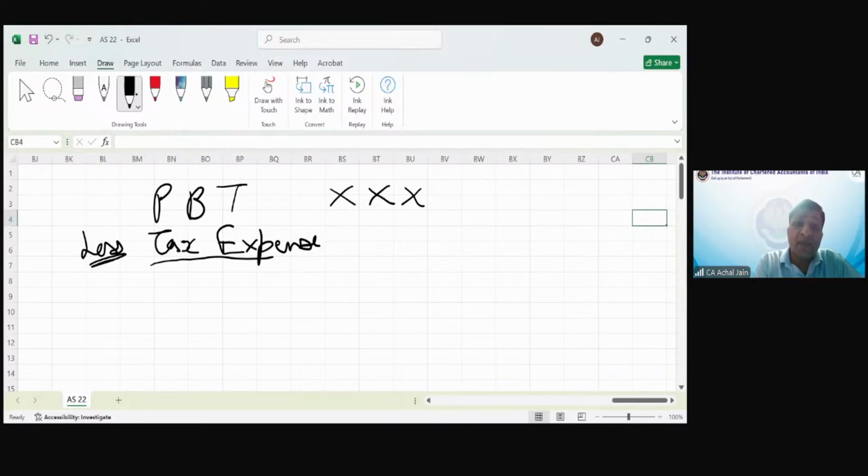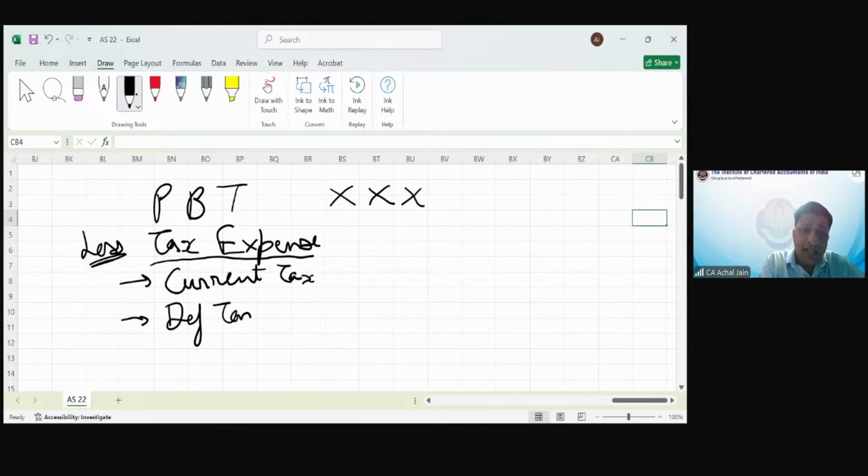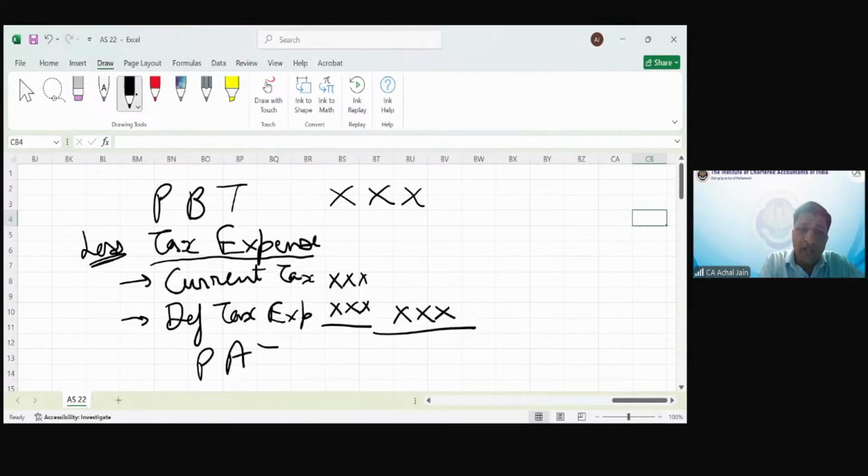Now, this tax expense will be a summation of two things. One will be your current tax. Second will be your deferred tax expense. The sum total of this will become your total expense, after which you get your profit after tax. Clear on this?